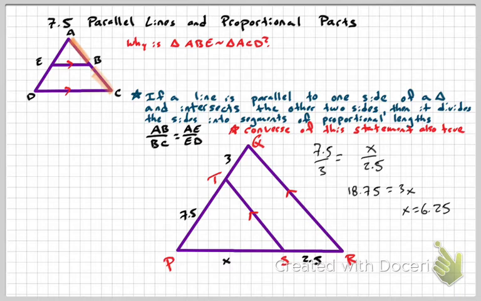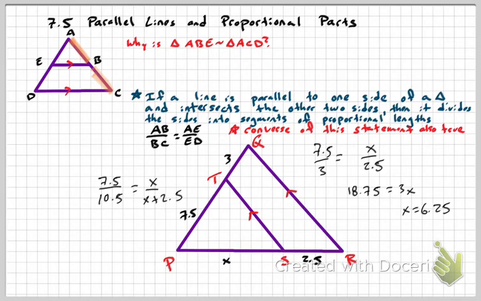Now, the old way that this could be done is if I'm going to compare lengths of my small triangle to my big triangle. So the 7.5 of the small triangle corresponds to this big length of my big triangle. So that would be 10.5, 7.5 plus 3, equals x, my small length, over my entire length, x plus 2.5.